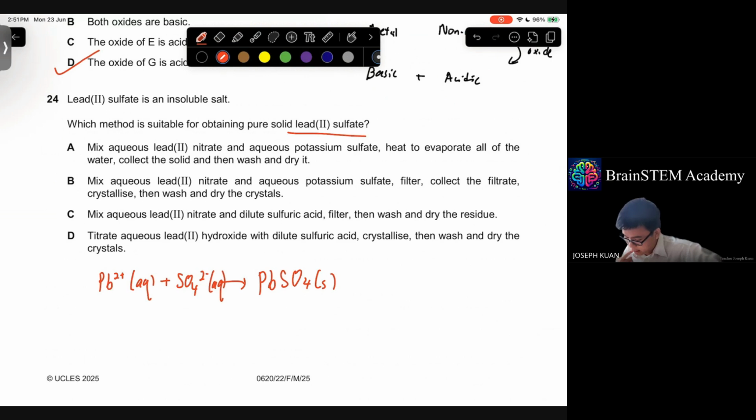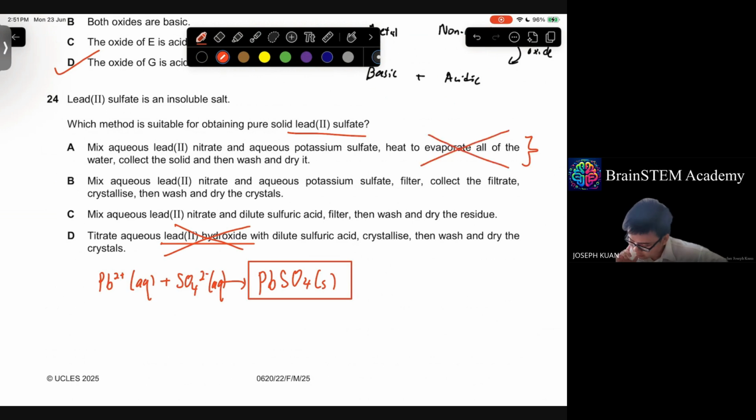So we cannot use D, because lead-2 hydroxide is insoluble instead of a solution. For A, it's also irrelevant because it's already a solid. We don't have to evaporate any water here. This is for soluble salt preparation.